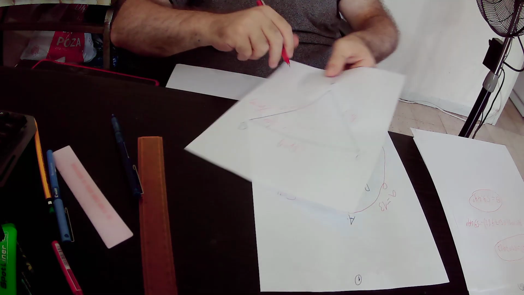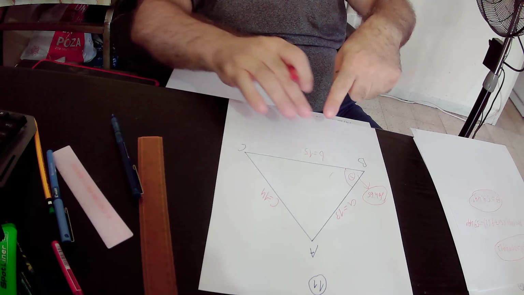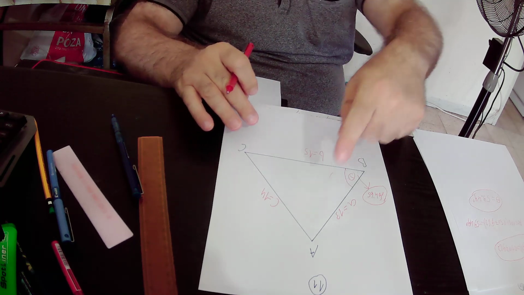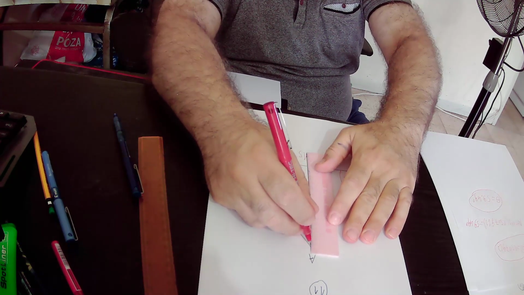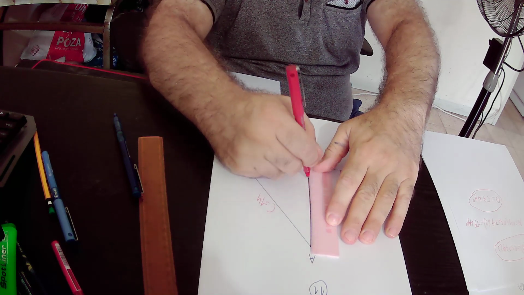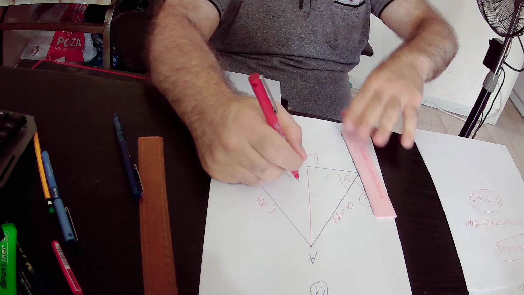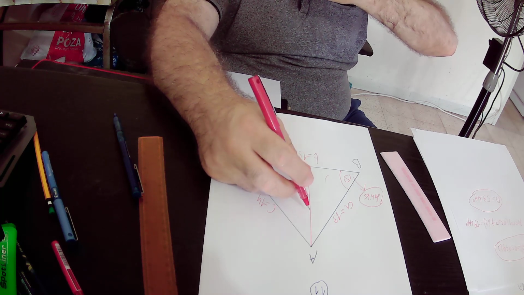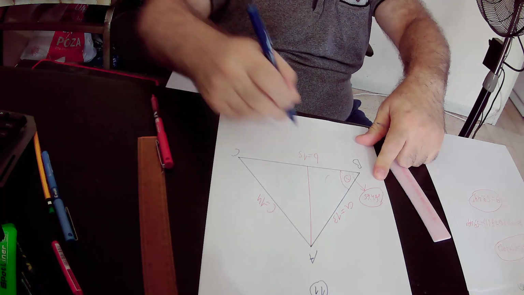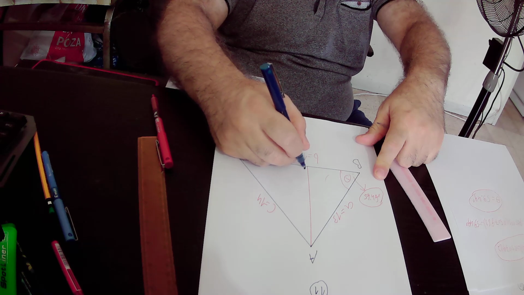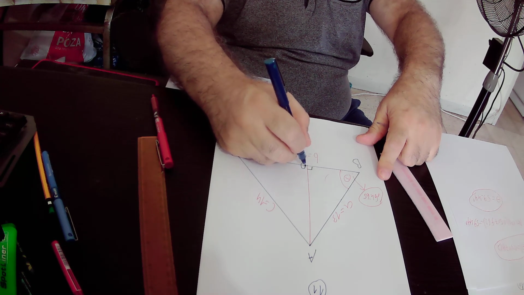Okay, and then in the next step we will draw a perpendicular to side BC of triangle ABC from point A. We define the touching point between the perpendicular and side BC as point D. This angle is 90 degrees, and this angle is also 90 degrees.